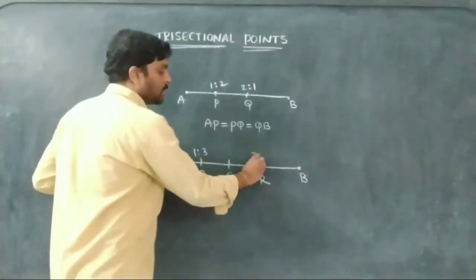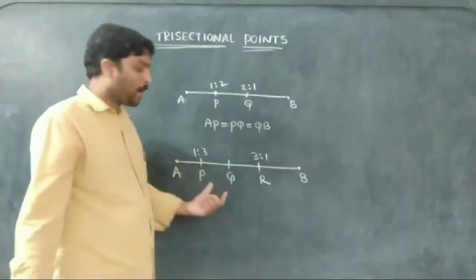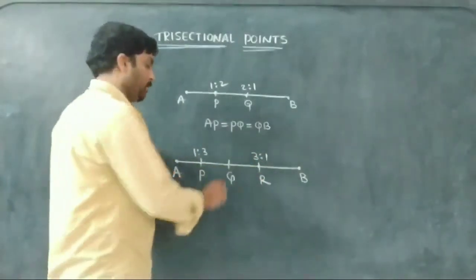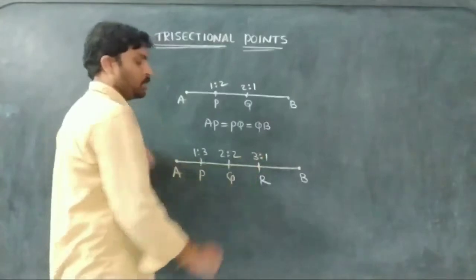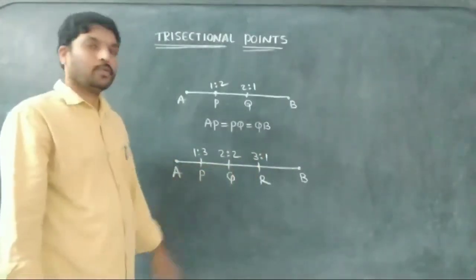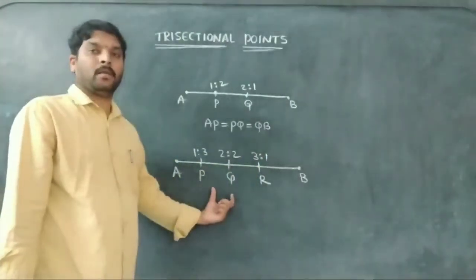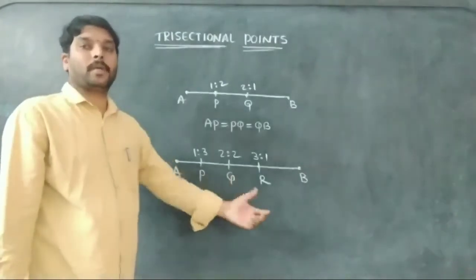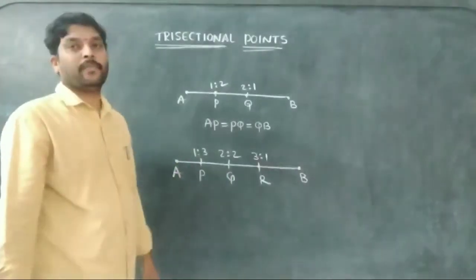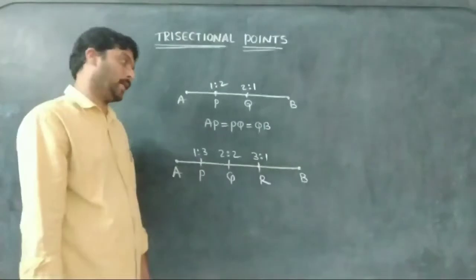R divides in the ratio 3 is to 1. Now Q is the exact middle. It is divided in the ratio 2 is to 2, which means exact midpoint. Q is the midpoint of AB. Okay, these are the points of trisection, trisectional points.